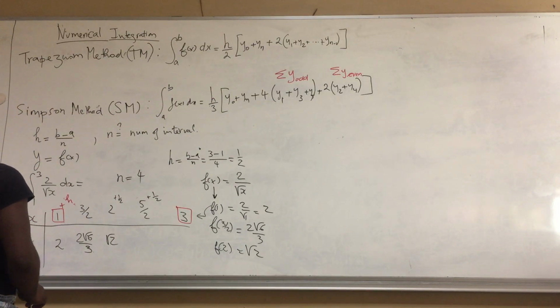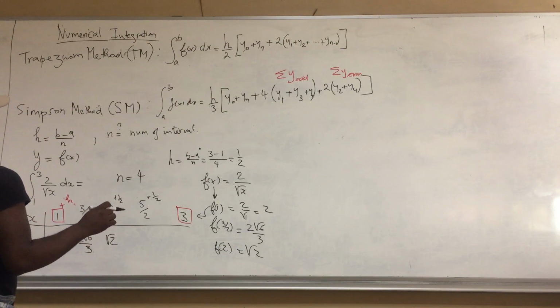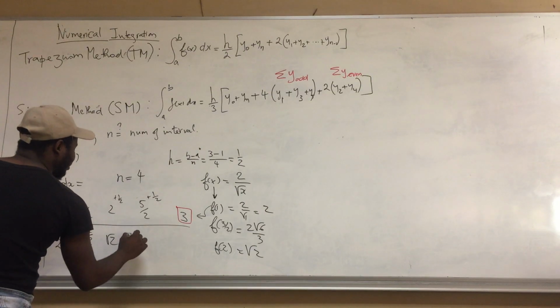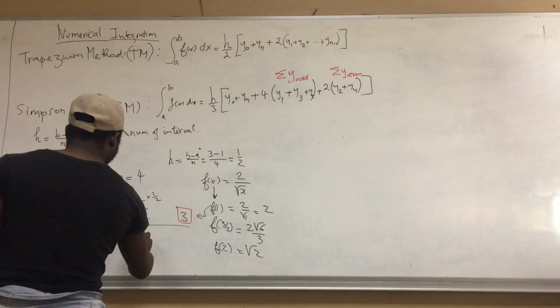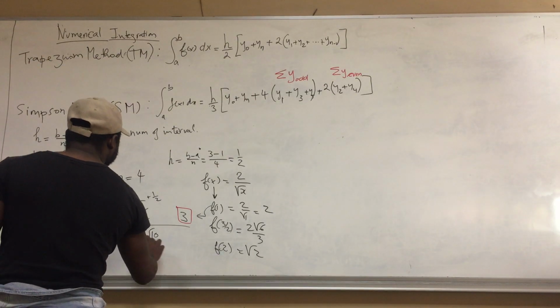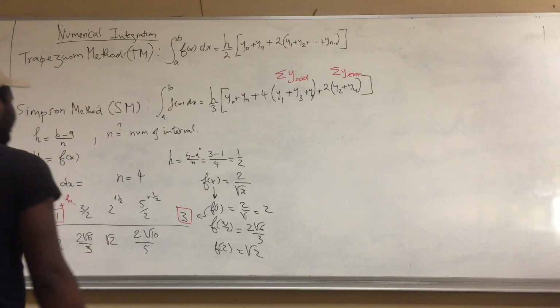When you have f of 5 over 2 and place it in that formula, you end up with 2 square root of 10 divided by 5.